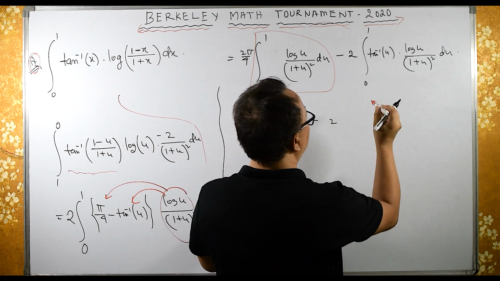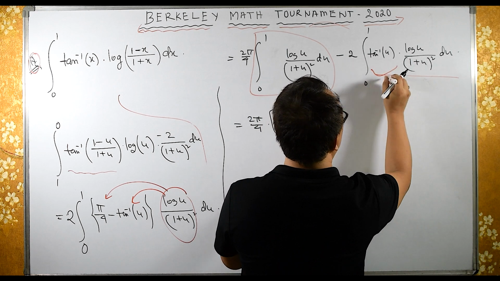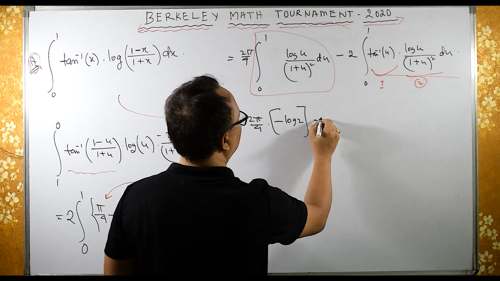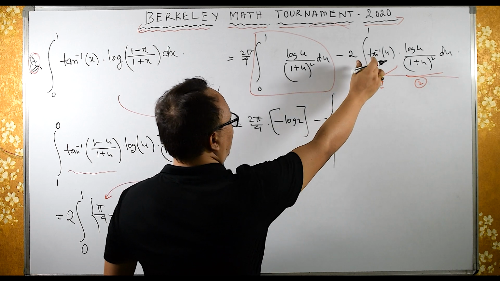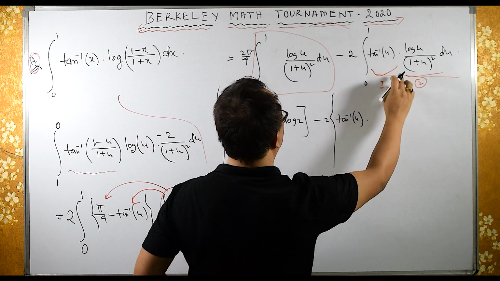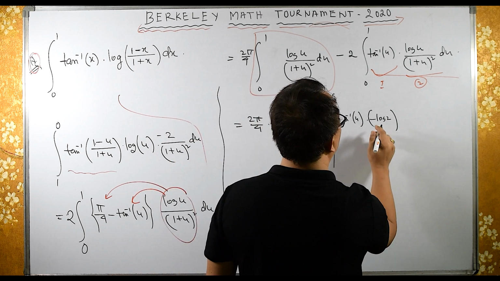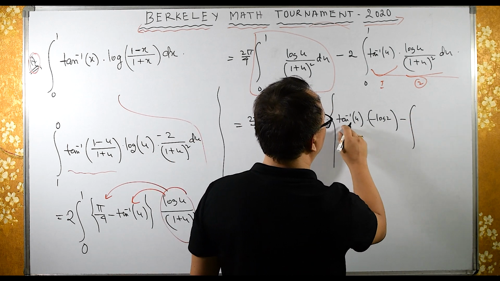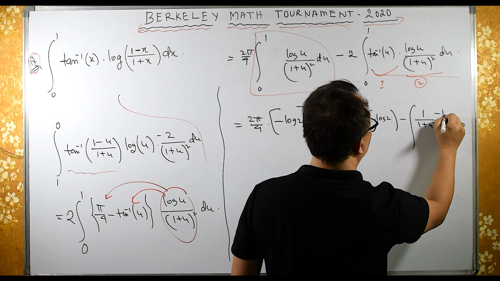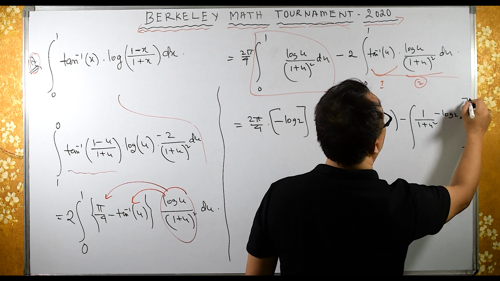Now I will apply integration by parts. Here I choose tan inverse u as the first function and the other as the second function. So here we have 2, tan inverse u as it is, and the integration of the other is minus log 2, which I am using. Then minus integral, differentiation of tan inverse u is 1 upon (1 plus u) square, and the integration of the other is minus log 2, into du, limits from 0 to 1.